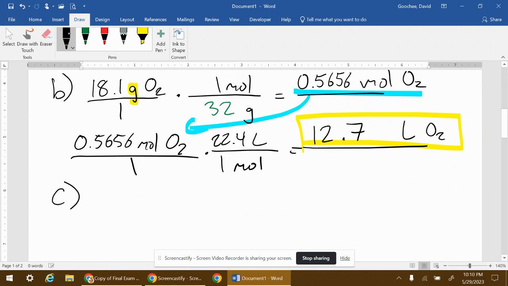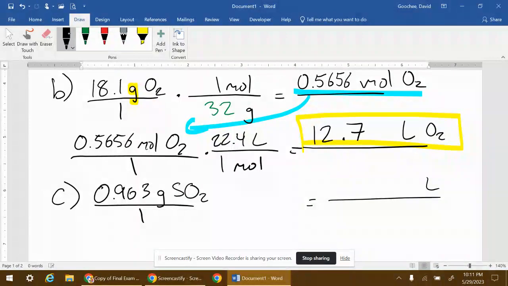And I'm going to show you one more example, all right? 10C, last question on this little worksheet or in this video right here. 0.963 grams of sulfur dioxide, SO2, and we want to figure out how many liters that is. Well, the problem is we can't go directly from grams to liters. We got to get out of grams and go into moles first.